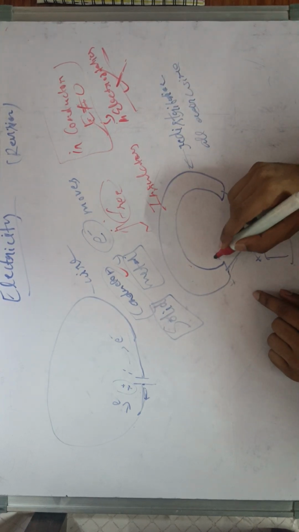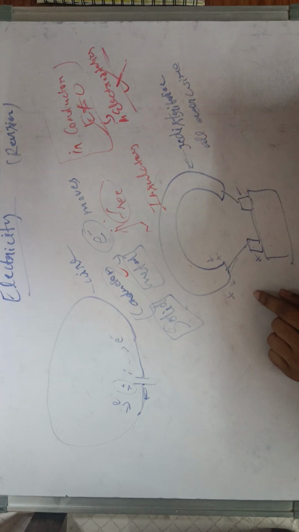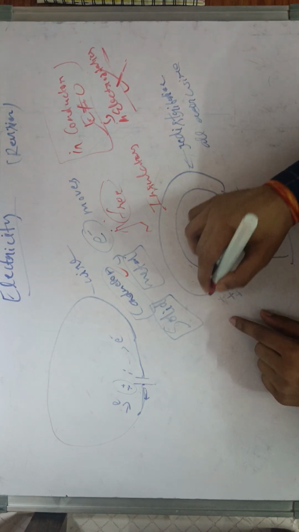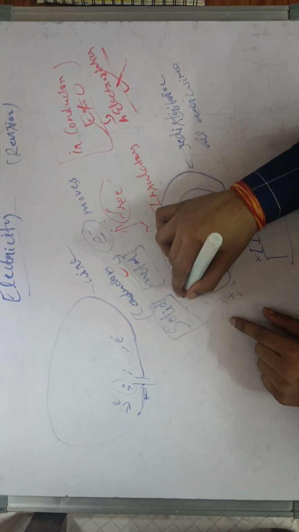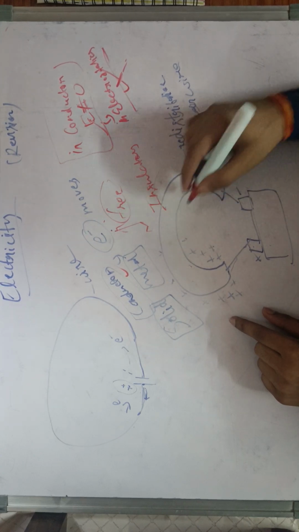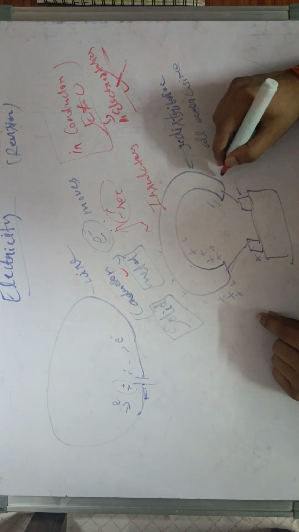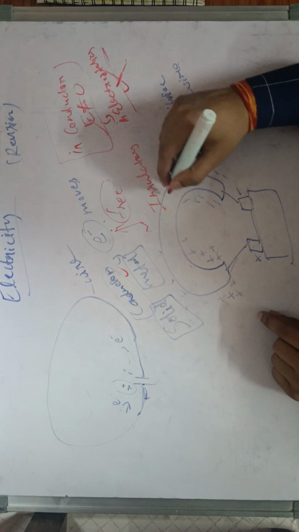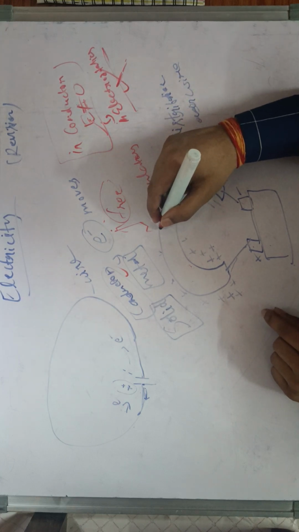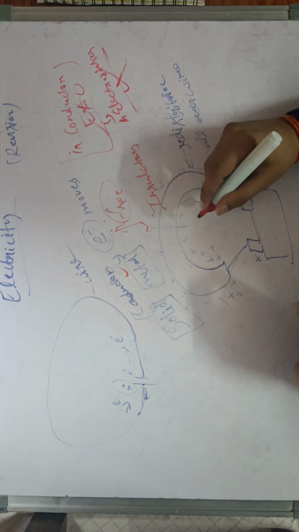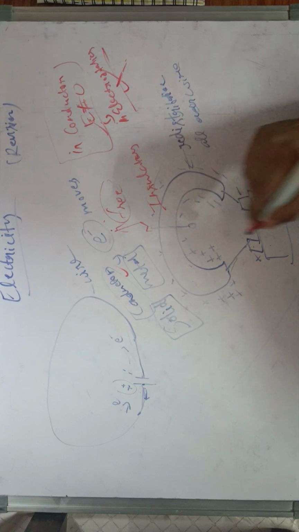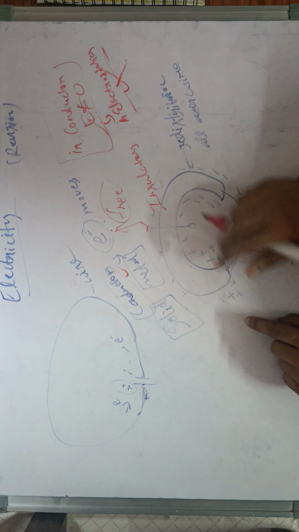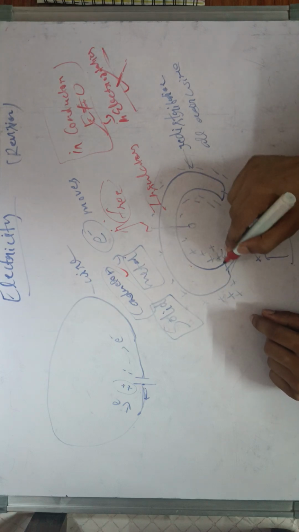There is a large positive charge on this side, and then it starts decreasing, and on the other side there is a large negative charge which also decreases, and at some point here the charge is zero.